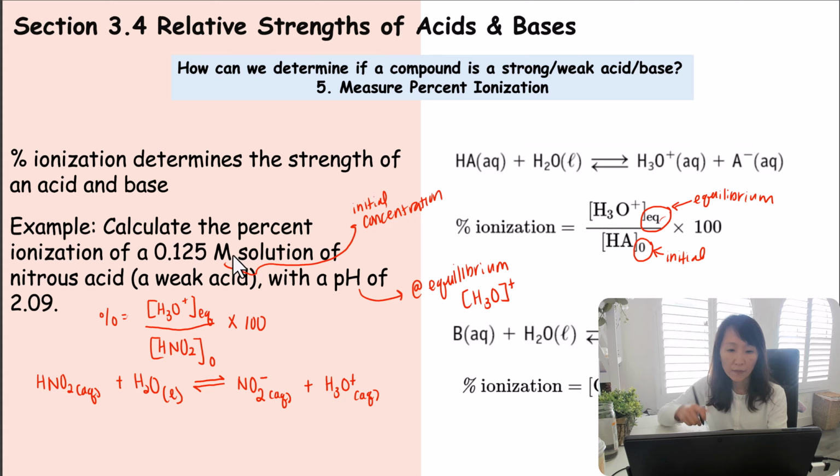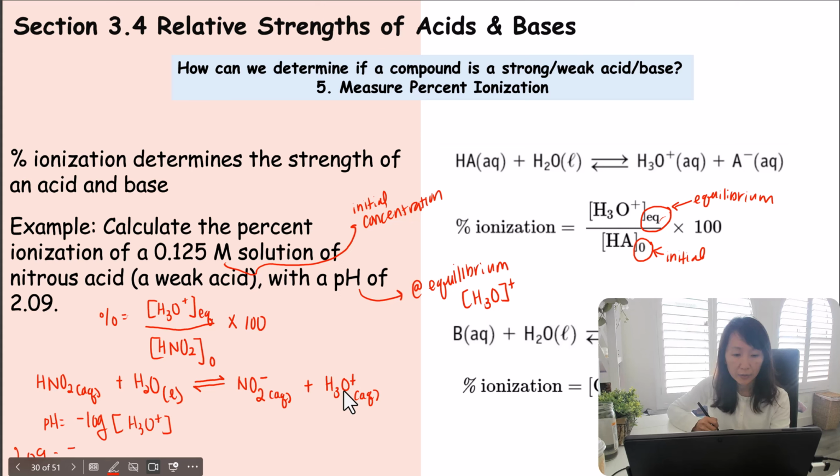Now, we know the value of the initial concentration of nitrous acid, which is 0.125, but we don't know the concentration of H3O+. We know the pH though, and the pH is equal to negative log of the H3O+ concentration. And so we know the pH is 2.09.